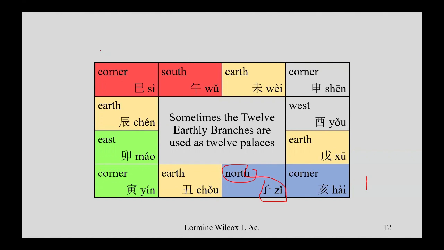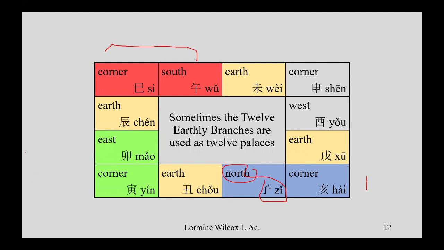And then Wu and Si, which are the two fire ones, are at the top, and you can see the earth ones in between, and metal on the right in the west, and wood in the east on the left.